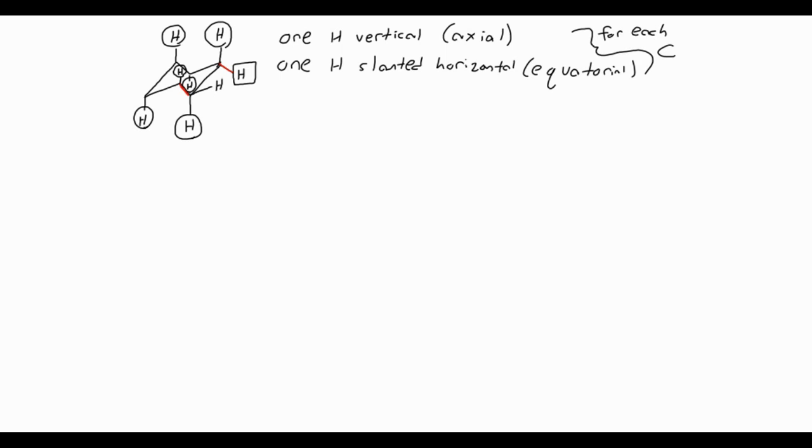So this is our equatorial hydrogen. And see how, whereas this hydrogen is going down, so slanted and down, this one is slanted and up, and that will repeat. So we have slanted down, slanted up, slanted down, and slanted up.